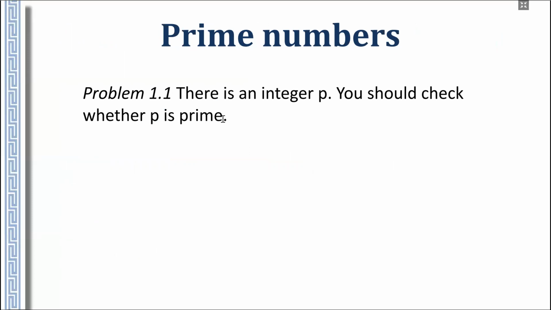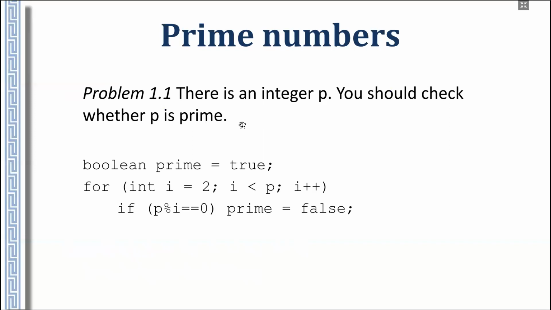Let us try to apply this idea to one small problem that is the following. We have a number p, and we should check whether p is prime or not. So how can we do it? The first idea is the following.